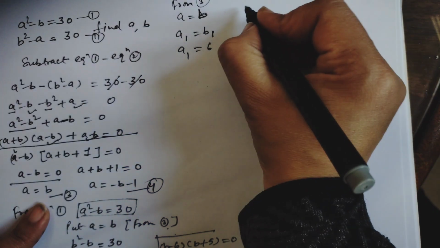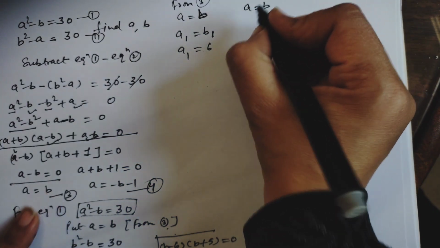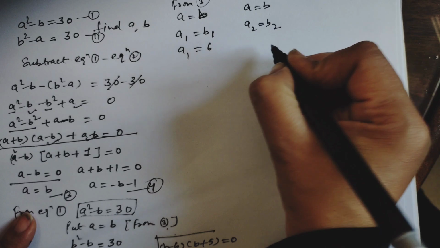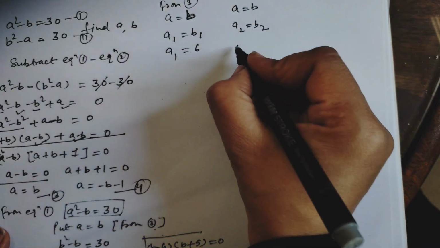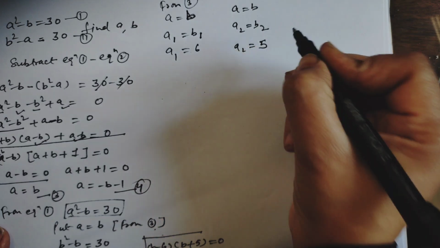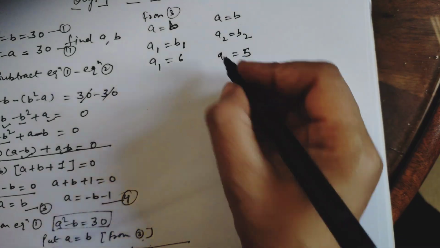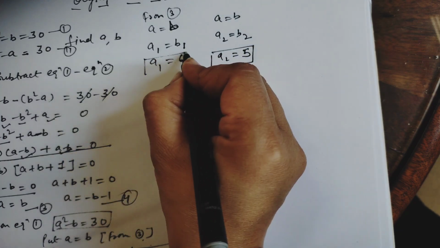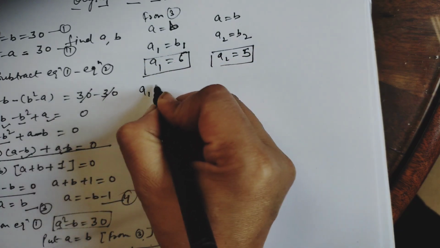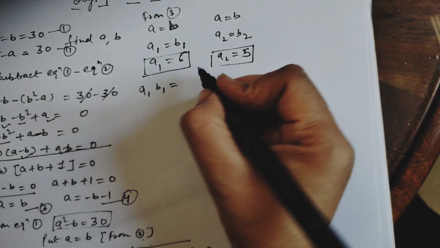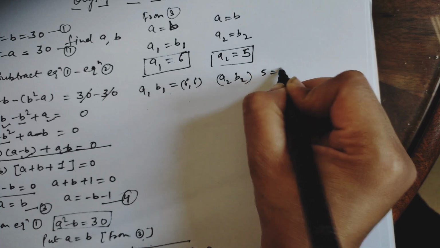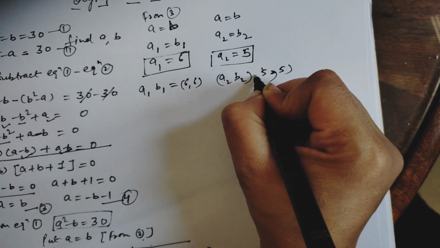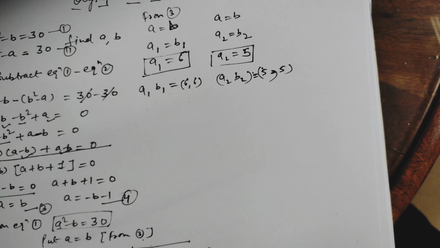Similarly, a equals b from equation number 3, so a2 and b2: b2 is 5, so a2 is also 5. So a1, b1 is 6 and 6, and similarly a2, b2 is 5 and 5. These are the values of a1, b1 and a2, b2.